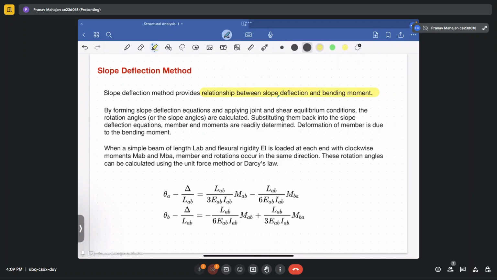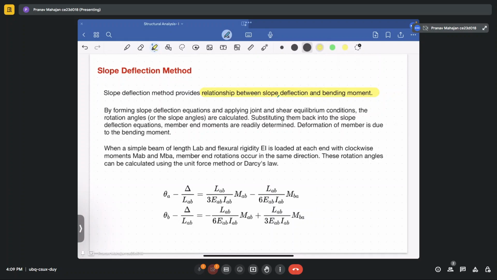So by forming the slope deflection equations and applying the joint and shear equilibrium equations, the rotation angles, or the slope angles, that means the slope that is there in the structure, are calculated.